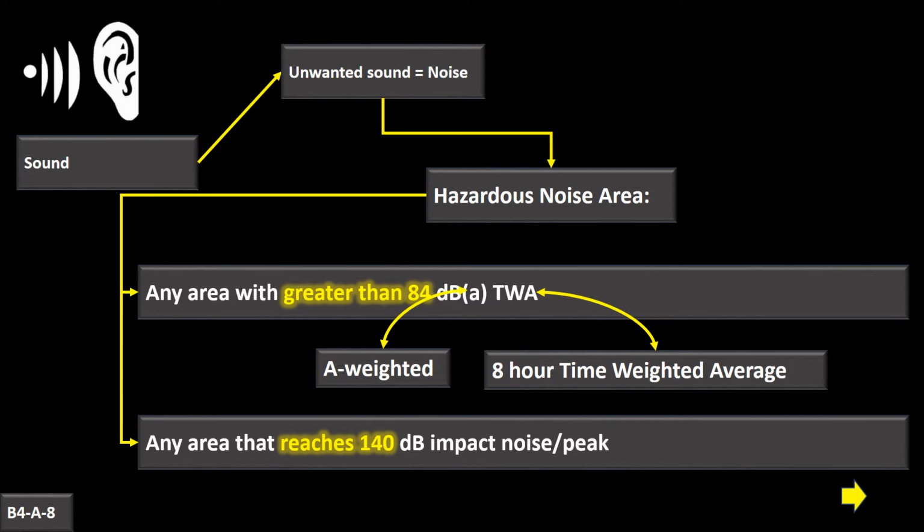But when live fire is occurring, the sound of those rounds going off reaches 140. So we get 140 impact noise, our peak pressure, and that is hazardous, and that will require hearing protection considerations that we'll get into in a little bit.